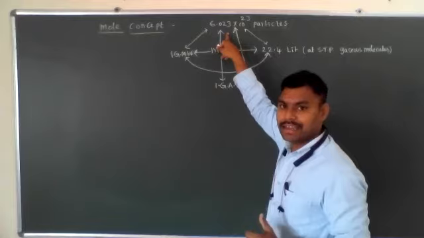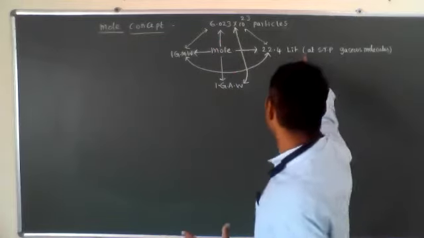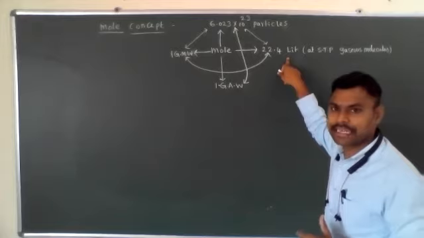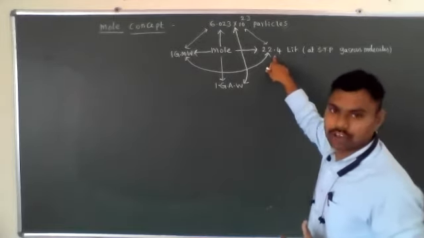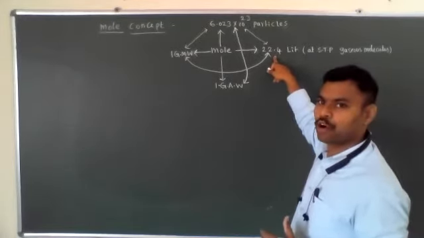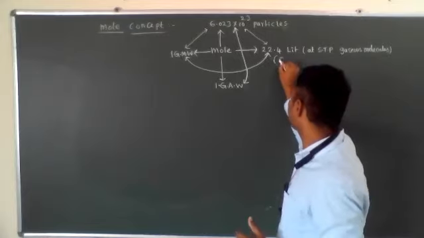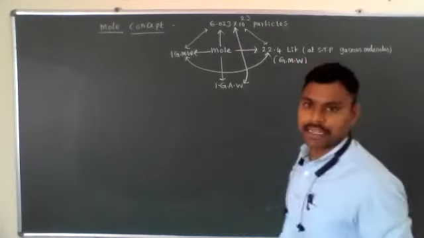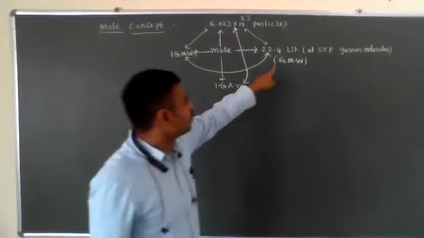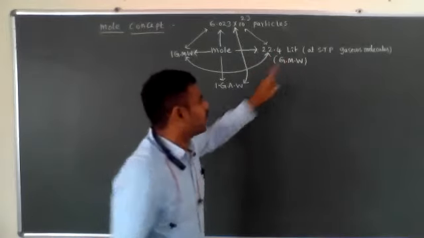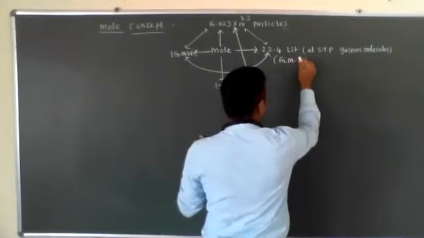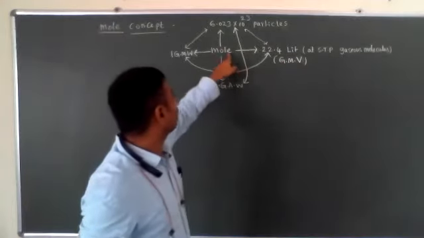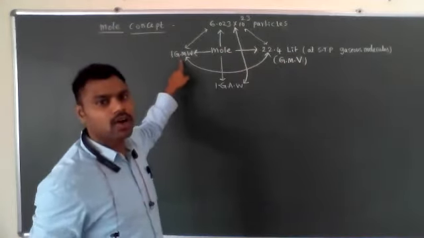For example, if the given molecules are in gaseous state at STP condition, then the occupied volume is equal to 22.4 liters. That is also known as gram molar volume, GMV. So 22.4 liters, the gram molar volume, is equal to 1 mole, which is also equal to gram molecular weight.